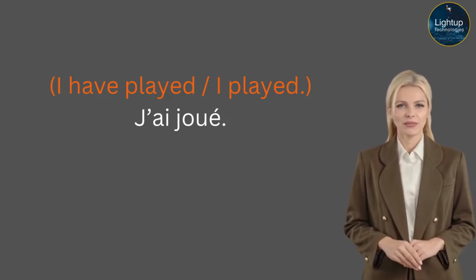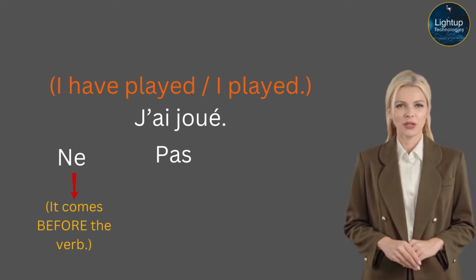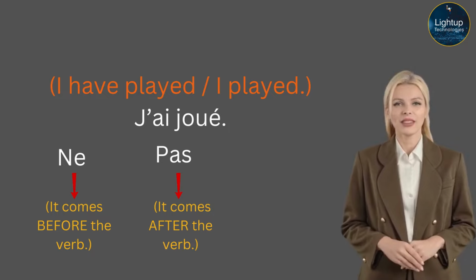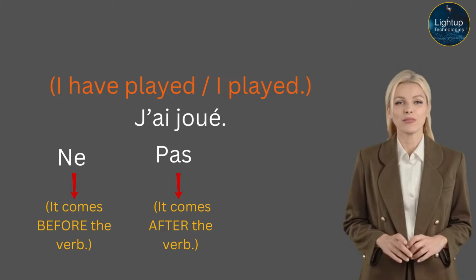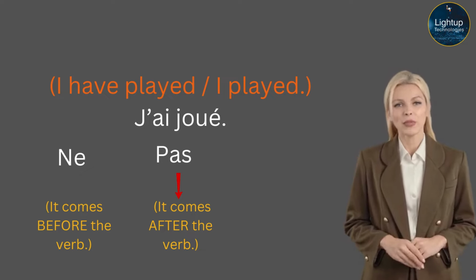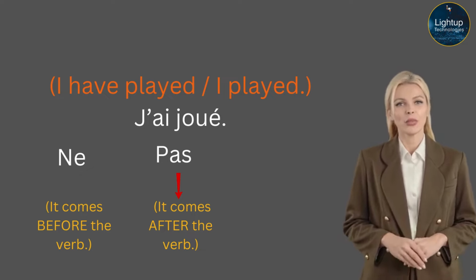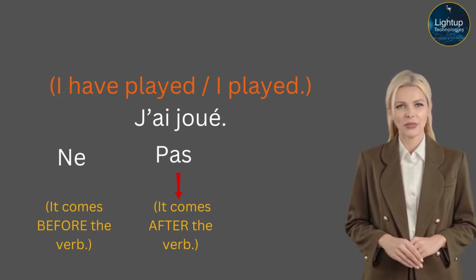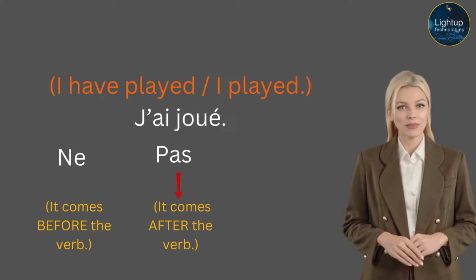J'ai joué. We have adverbs of negation, ne and pas. We know that ne comes before the verb and pas comes after the verb. Well, when we use passé composé, it has different parts, such as an auxiliary verb and the past participle.